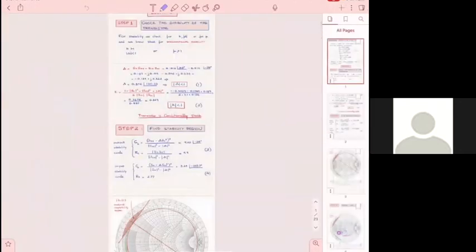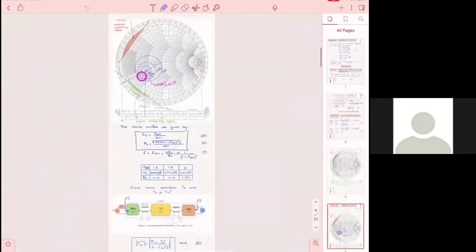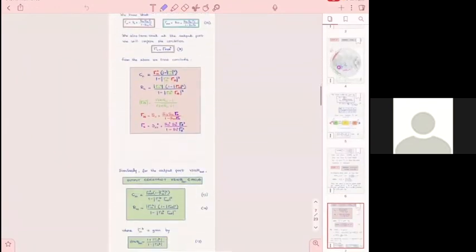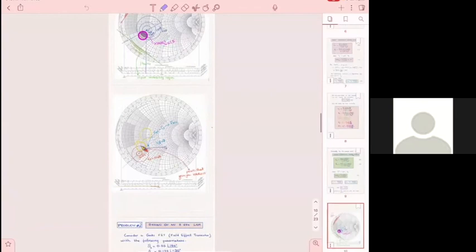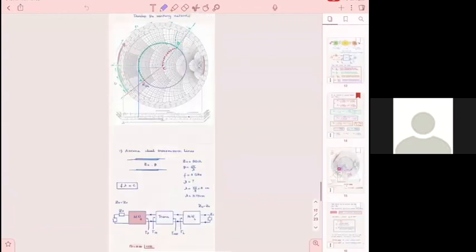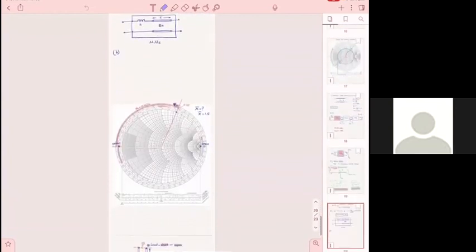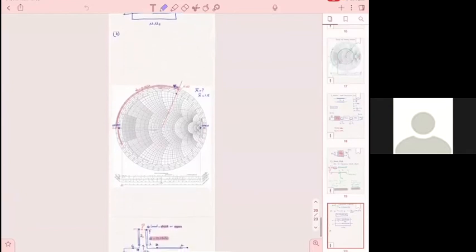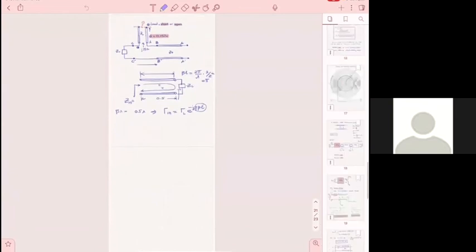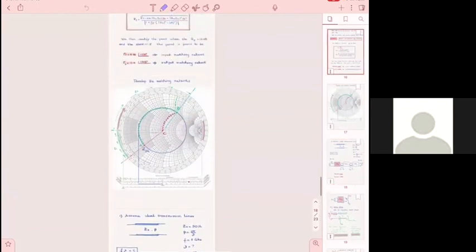Okay, all right. Would you go down to designing the matching network on the Smith chart? Not this one, page 17. Yeah, this one.